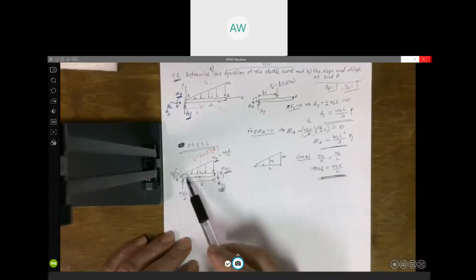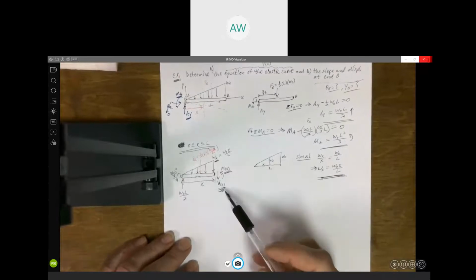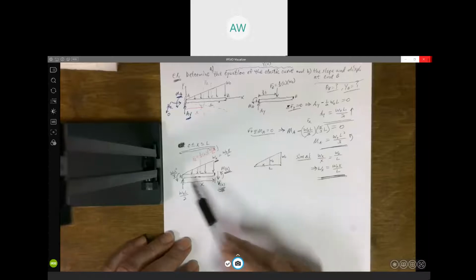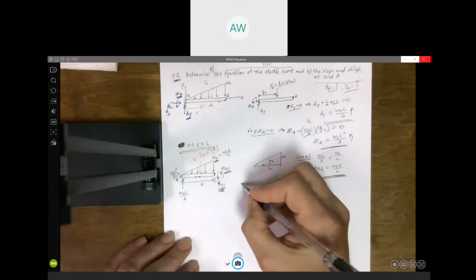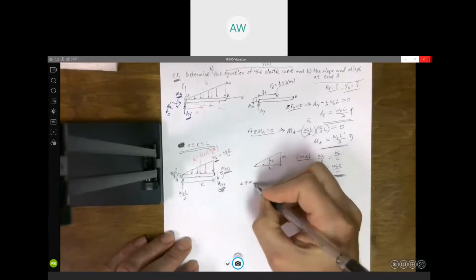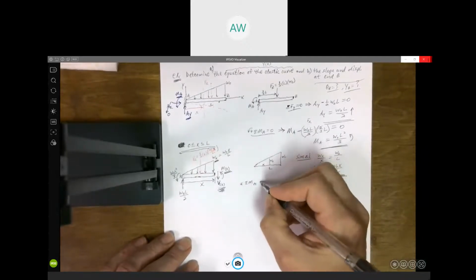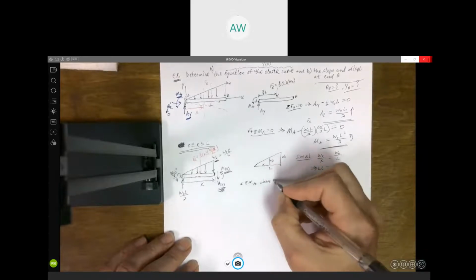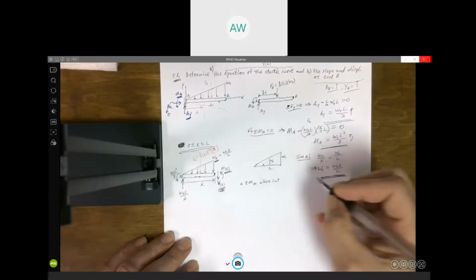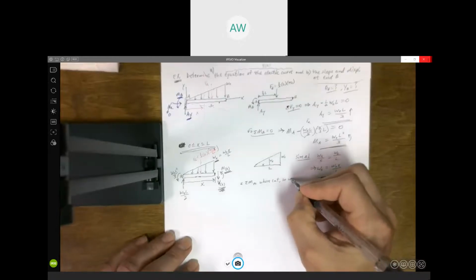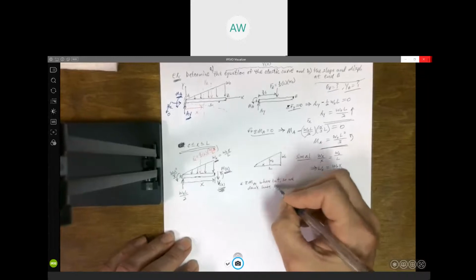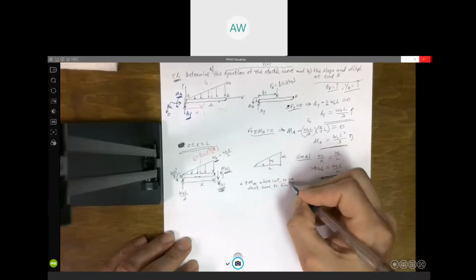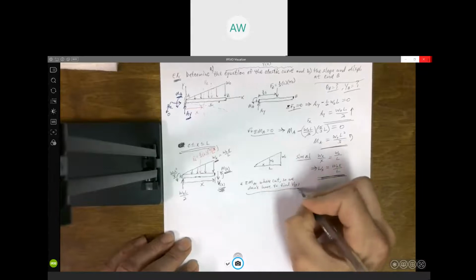If you sum the moments about point A, for example, now we have to calculate what V is, because the shear force V doesn't go through point A. So a good suggestion is to sum the moments about the point where you cut it, so we don't have to find the shear force.